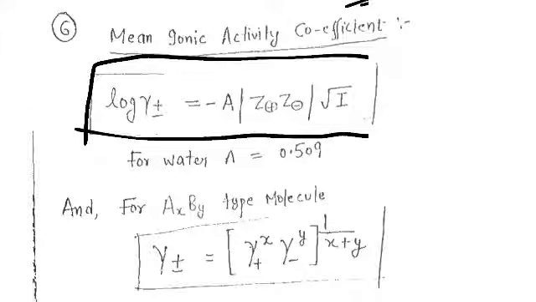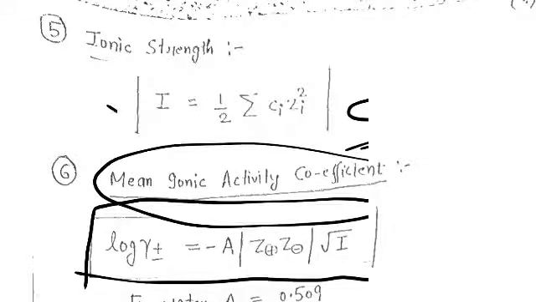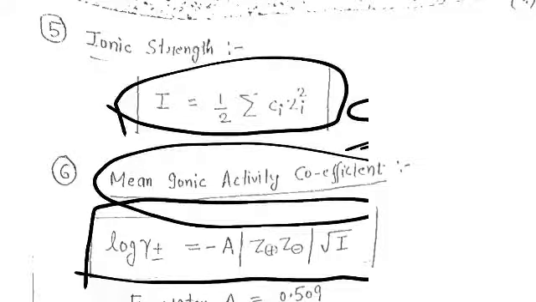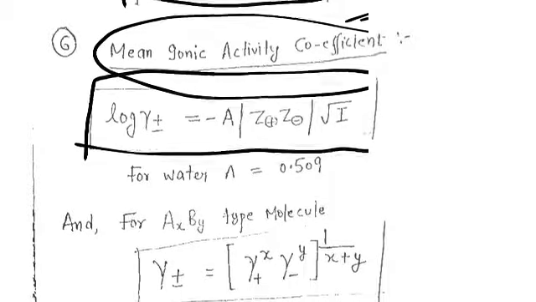For example, for HCl, Z+ is 1 and Z- is 1, and √I is the square root of the ionic strength. So first of all, in order to calculate the mean ionic activity coefficient, you have to calculate the ionic strength, then you can move on to the mean ionic activity coefficient.